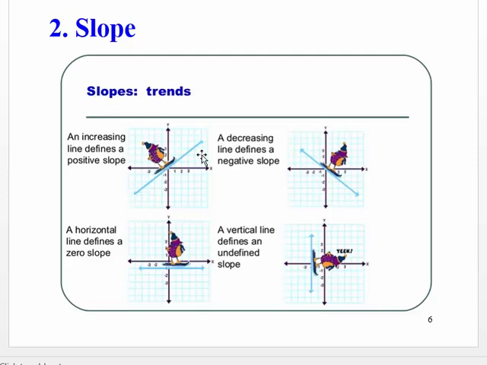If we go up as we move in the positive x direction, that's a positive slope. And if we go down as we move in the positive x direction, that's a negative slope. If we don't go up and down, that's a 0 slope. And we could look at a vertical line as infinite slope or undefined.